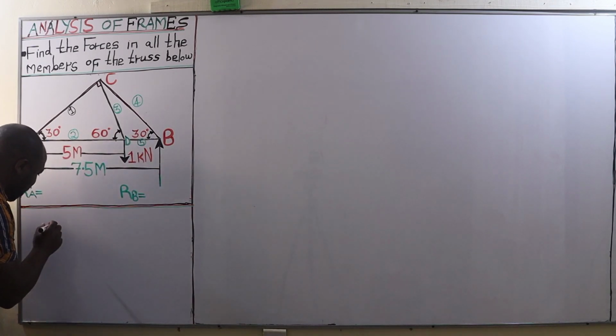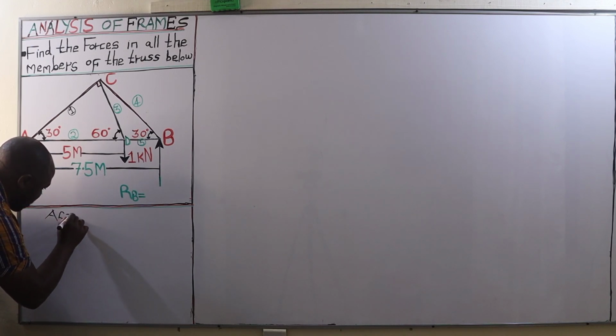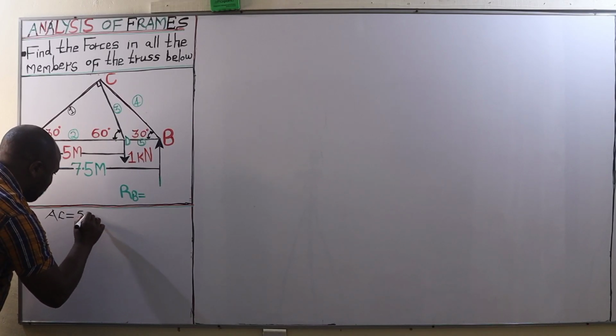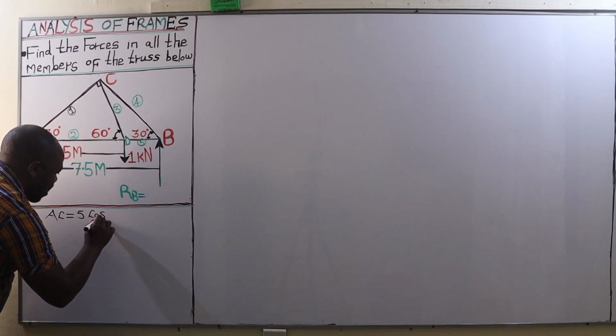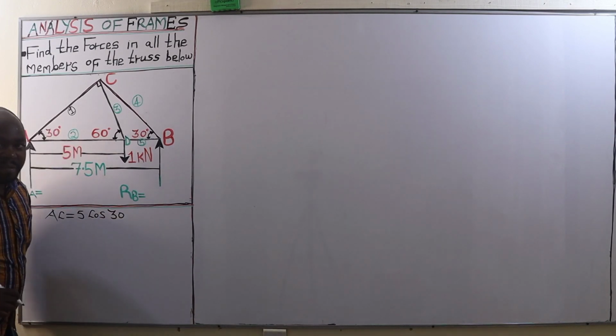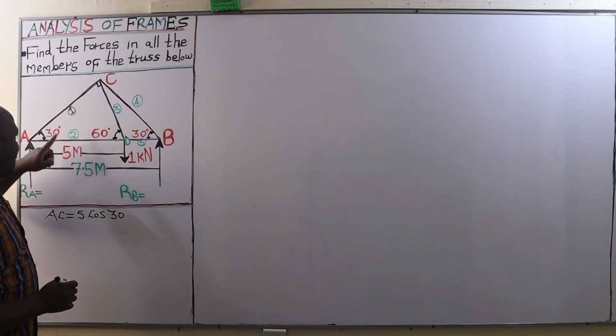Therefore, to get the length of AC, we are going to have 5 multiplied by cos 30. Remember, cos theta is given by adjacent divided by hypotenuse.